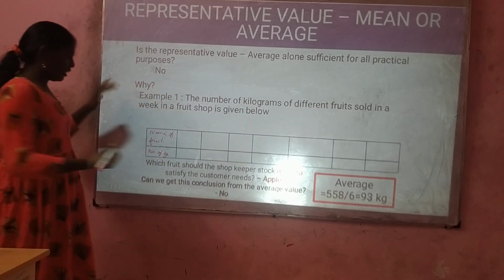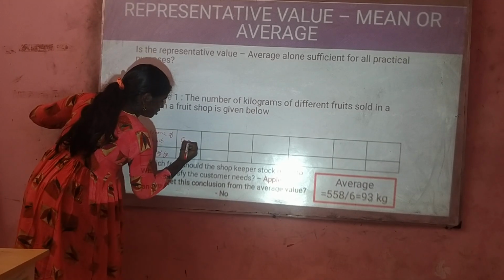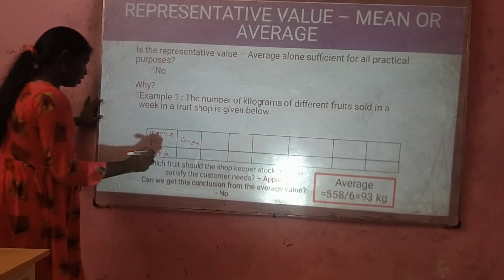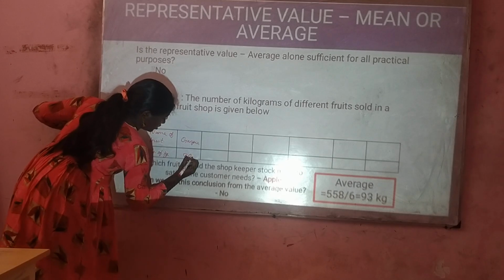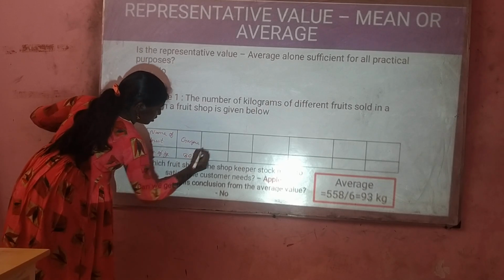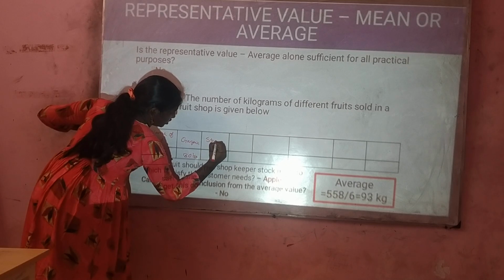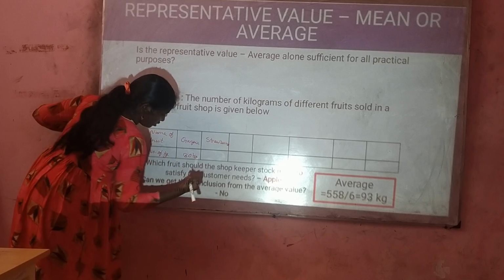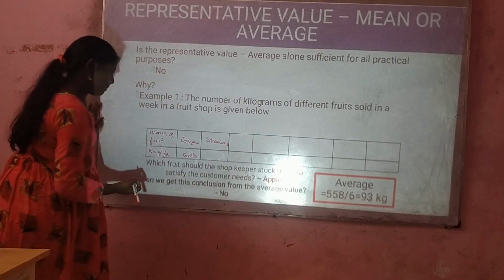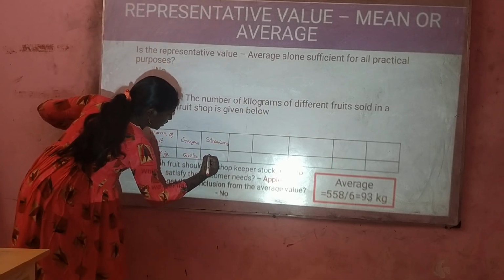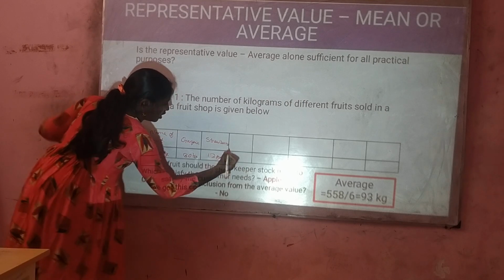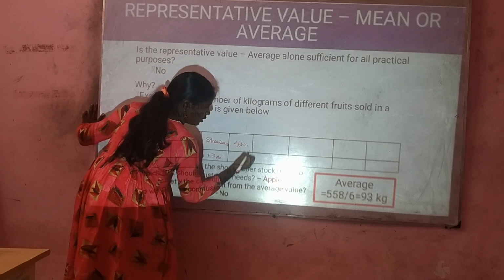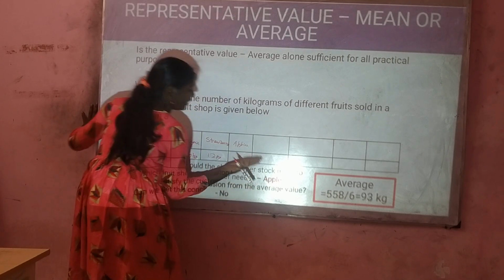So we can write names of fruit like oranges, 30 kgs, strawberries, 12 kgs or something, and apples, a higher number of kgs.